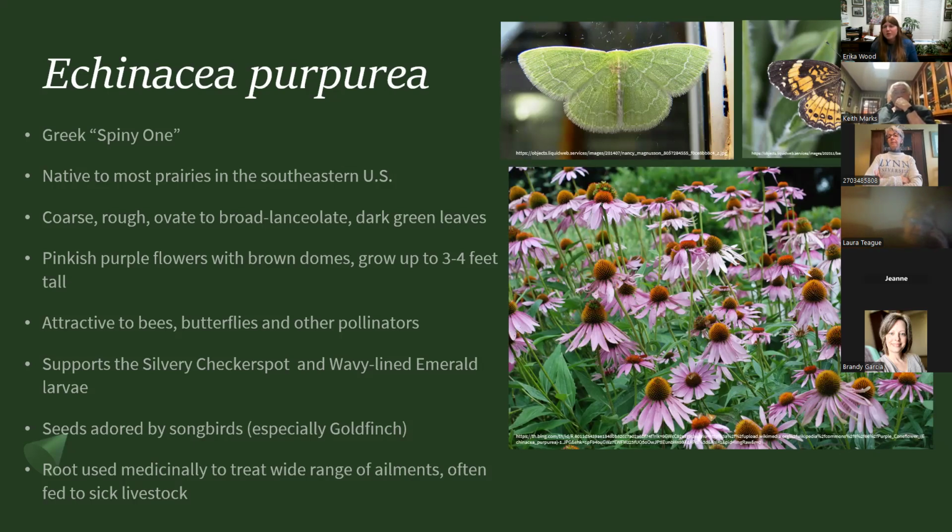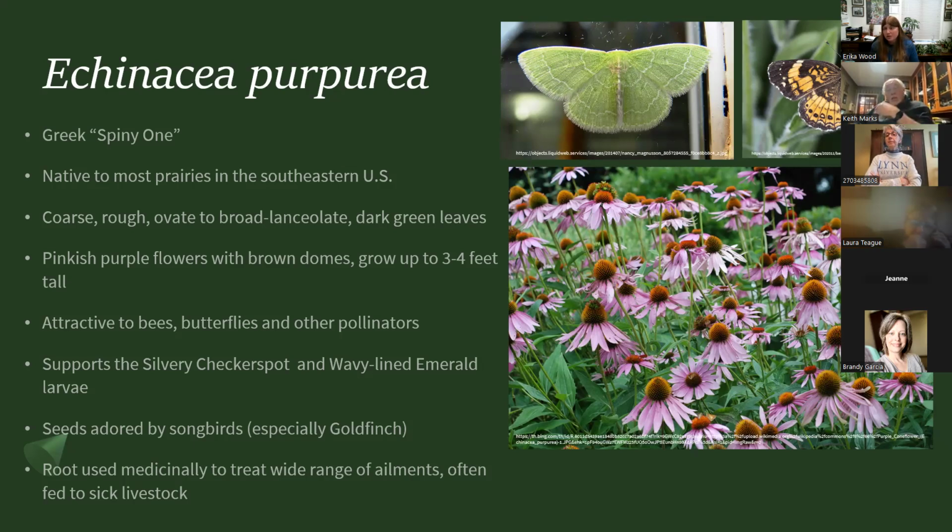And they produce pretty tall flowering stalks of those pinkish purple ray florets with those brown disc domes. And of course, the reason why most of us are growing this and have it as a staple, especially for our meadow and prairie gardens, is because it's long lasting with the bloom, it'll bloom pretty much all summer into the fall for you.